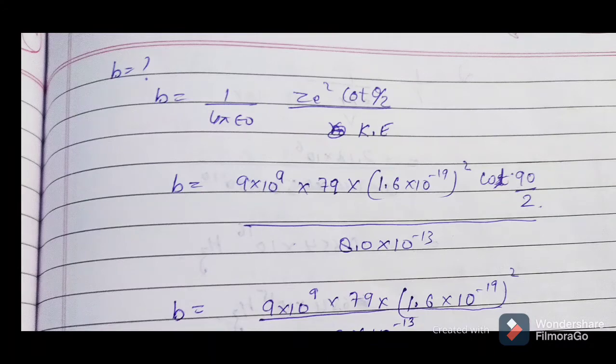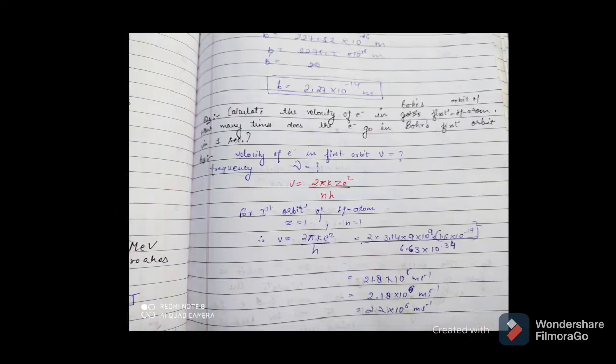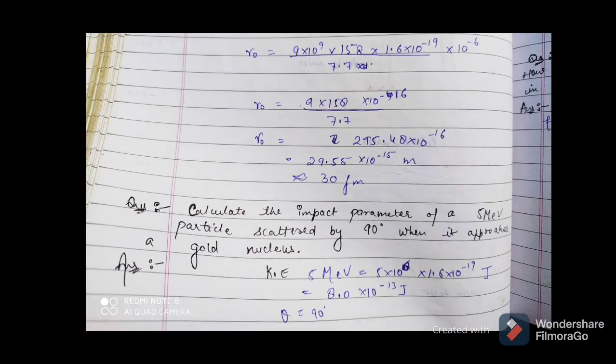In the question we are given the kinetic energy, 5 mega electron volt. How did we know that this is the kinetic energy? The simple answer is from the unit of this magnitude 5. The unit is mega electron volt, and I have told you earlier that the energy unit in nuclear physics is most of the time denoted by mega electron volt, and we have to convert that mega electron volt unit to joule.